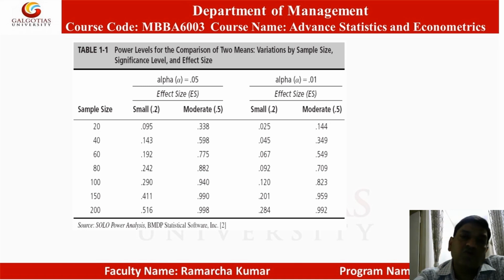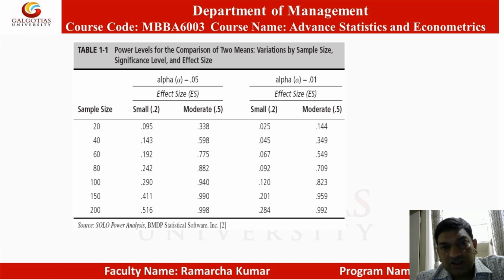If you watch this, when alpha is set at 1%, compare it with when it is set at 5%. When it is set at 1%, you see the power decreases. If you decrease the alpha, the power decreases. If alpha is 5%, power was 0.095, and when it is 1%, it is 0.025.